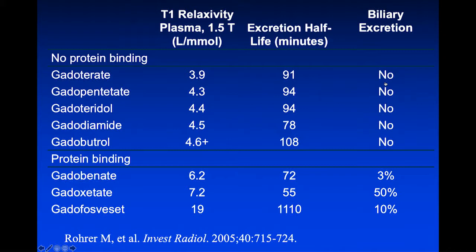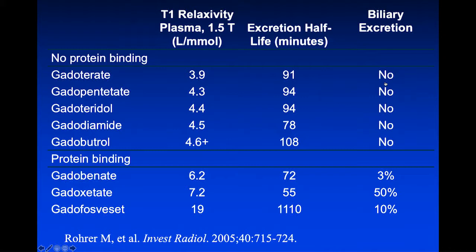Now I want to talk a little bit about the differences in the properties of gadolinium agents. And for MRA, we really want to have the maximum relaxivity, so we get the greatest T1 shortening. And the protein binding agents, as a general rule, have higher relaxivity than the gadolinium preparations without protein binding.